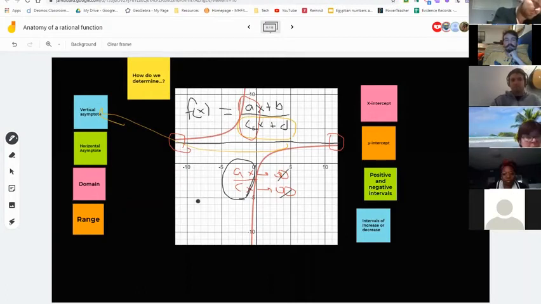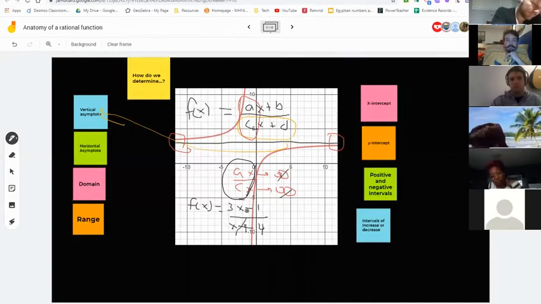So if my equation was something like (3x minus 1) divided by (x plus 4), I know my vertical asymptote is going to be at x equals -4. My horizontal asymptote is going to be the relationship between the coefficients of the x.